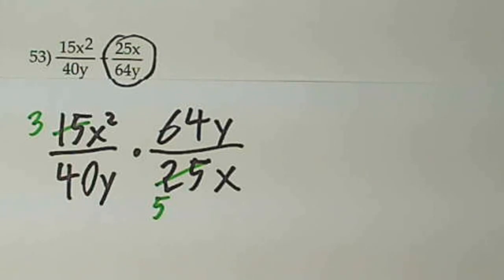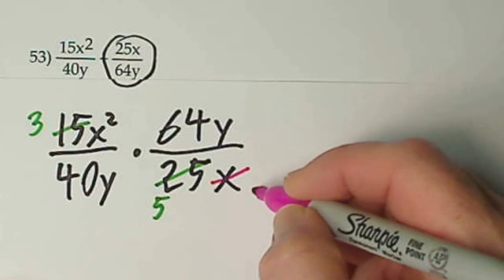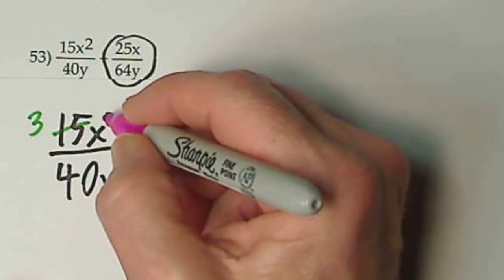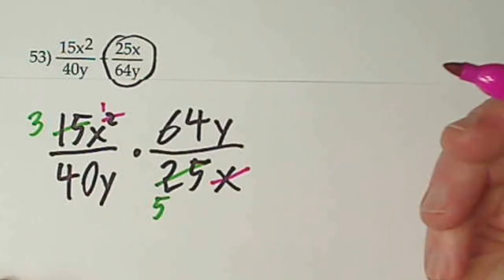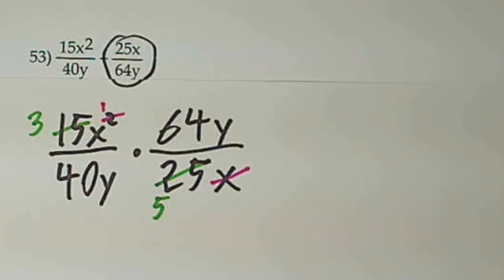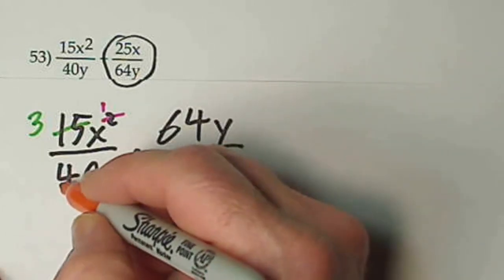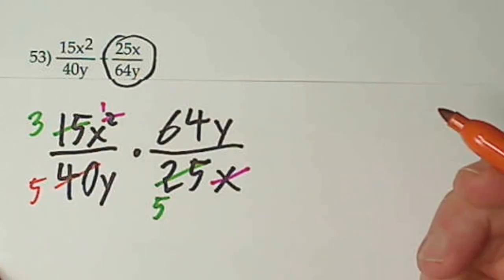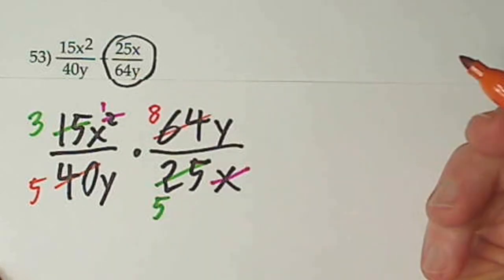I'm going to go ahead and take care of the x's. X goes into x once. I have 2 x's up here, so now I canceled out one of them. And let's see. 8 goes into 40, 8 goes into 64. Okay, so 8 goes into 40 5 times. 8 goes into 64 8 times.